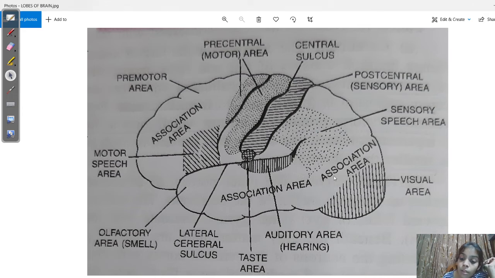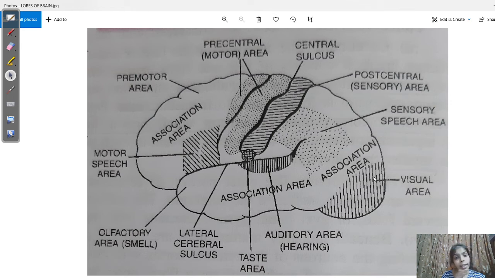And above the ears, on this side and this side, there is the temporal lobe. So these are the main functional lobes of each cerebral hemisphere.